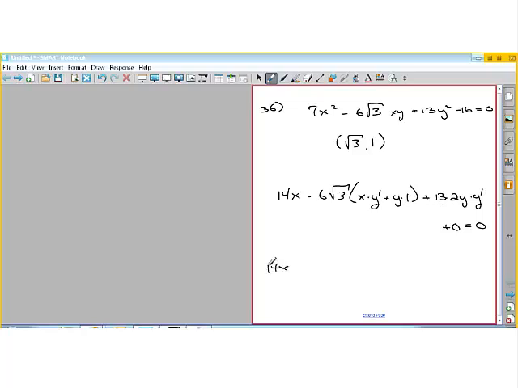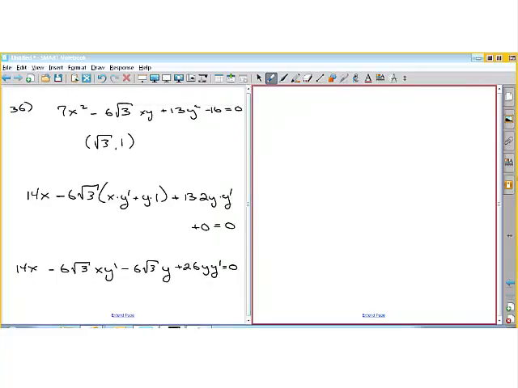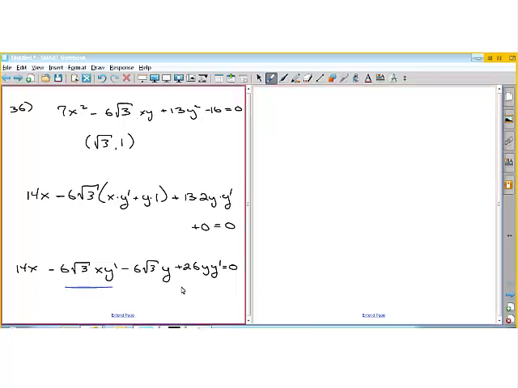So let's multiply this out. So we get 14x. This is minus. So you get negative 6 times the square root of 3 x y prime minus 6 square root of 3 y plus 26 y prime is equal to 0. Okay, again, these two involve y prime, so those will stay on the left-hand side.